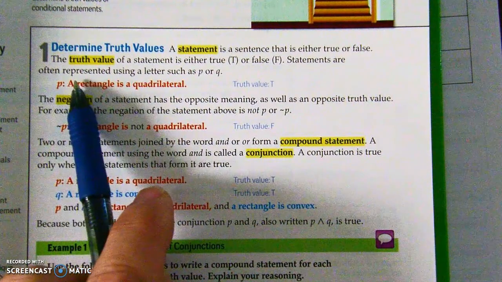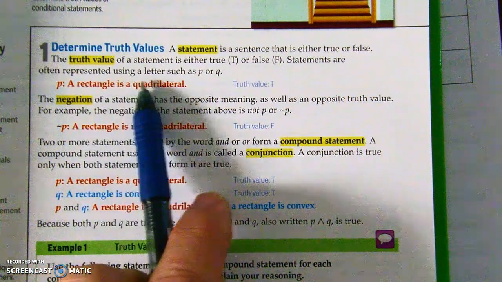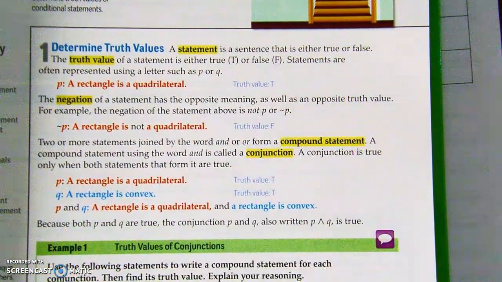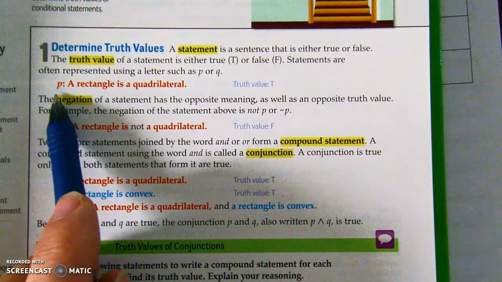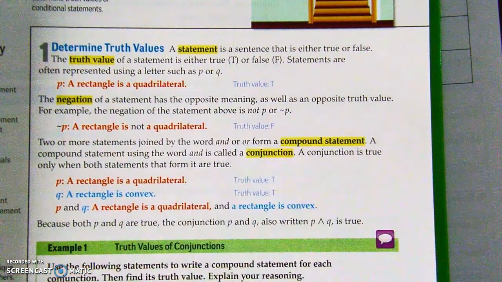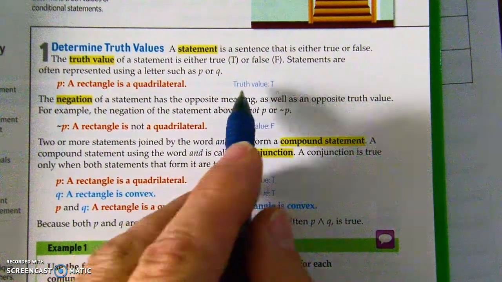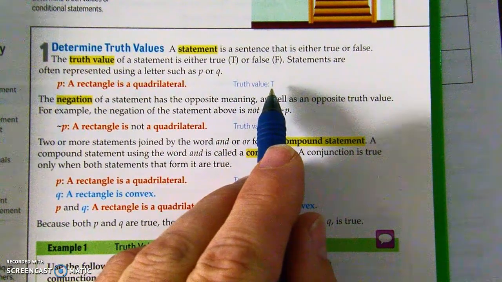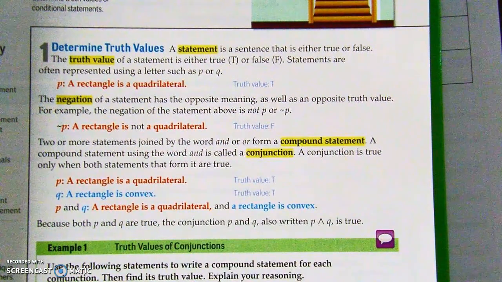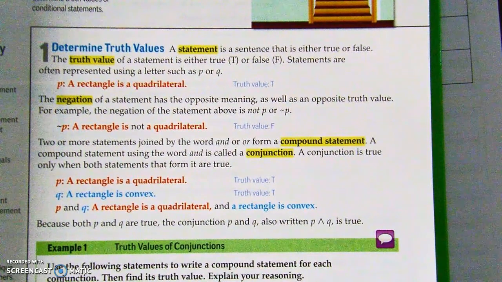Statements are often represented using a letter such as P or Q. So we have P as our statement, and it says a rectangle is a quadrilateral. That is our first statement, and it has a true value, so we mark it T, because we know that a quadrilateral is a four-sided figure, and a rectangle is also that.